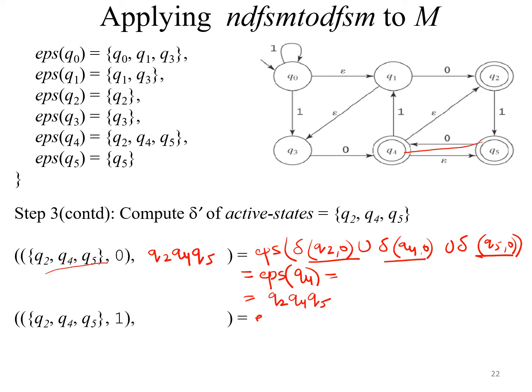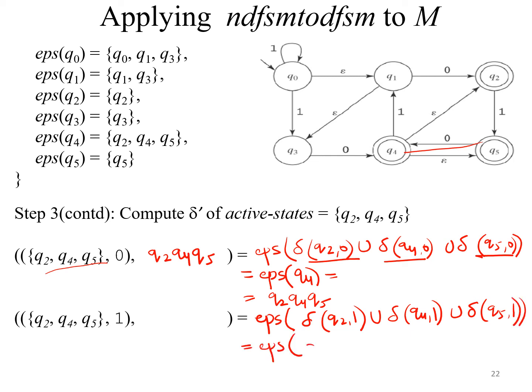Similarly, EPS of delta of Q2, 1 union delta of Q4, 1 union delta of Q5, 1. Q2, 1 goes to state Q5. Q4, 1 goes to Q1 and Q5. Q5, 1 has no transition.